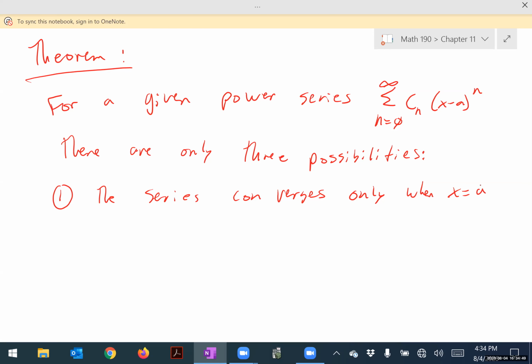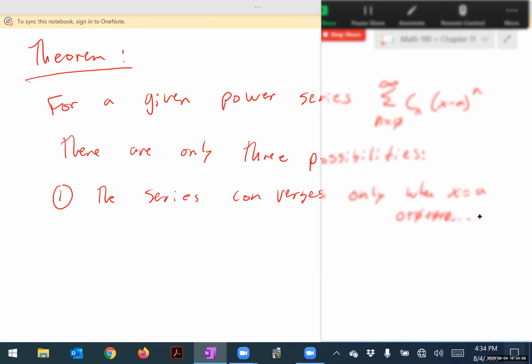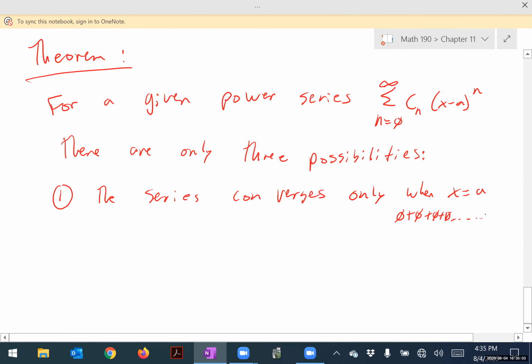Well, of course, a series that adds all zeros, this is 0 plus 0 plus 0 plus 0. What is that going to converge to? It's going to converge to 0. That's just the trivial case. It converges to 0. So it has 3 possibilities. It either converges only when x is equal to a, or 2, the series converges for all x.